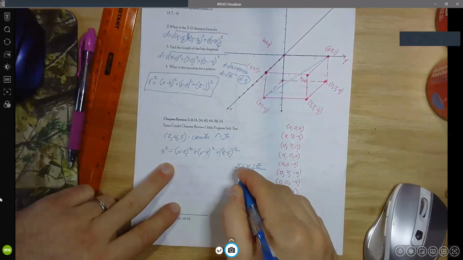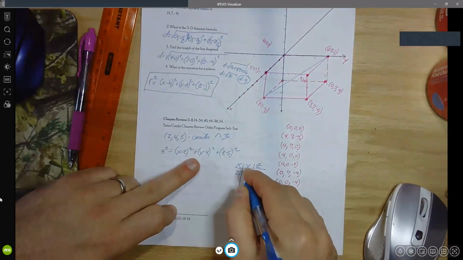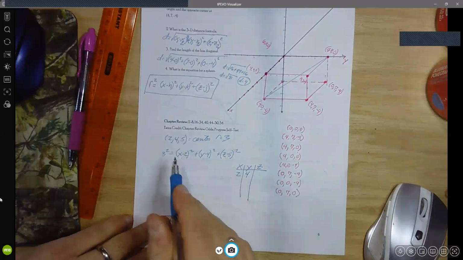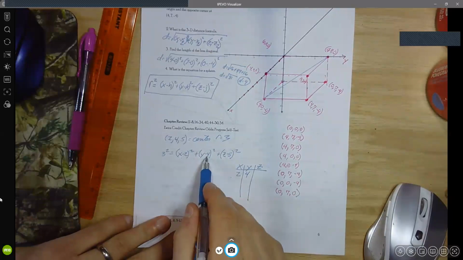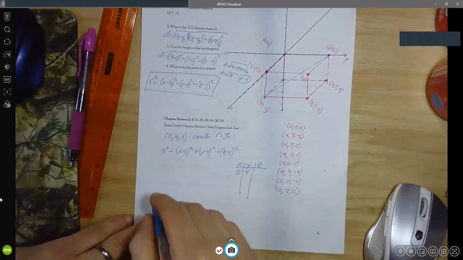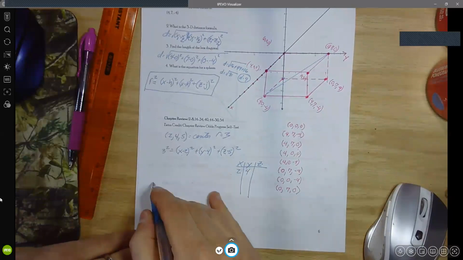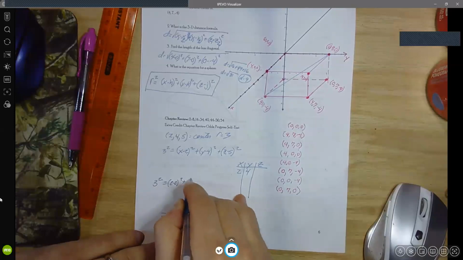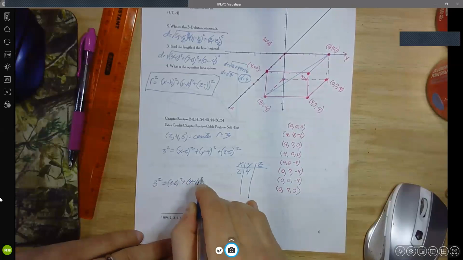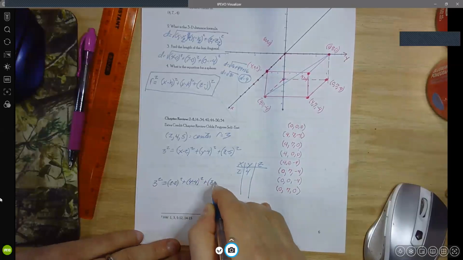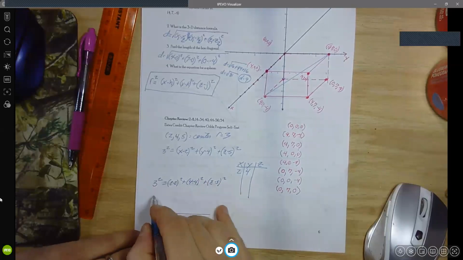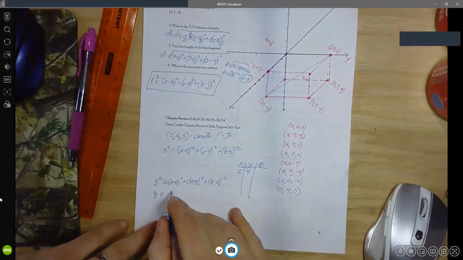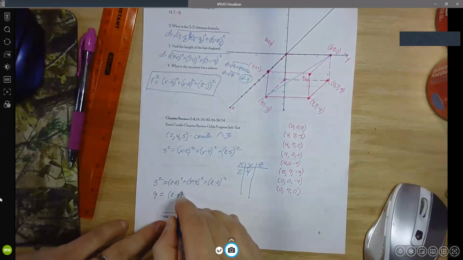If I pick x is 2 and y is 4, I'm doing that because 2 minus 2 is 0 and 0 squared is 0. And 4 minus 4 is 0, 0 squared is 0. So if I were to do the problem now, 3 squared is 2 minus 2 squared plus 4 minus 4 squared plus z minus 5 squared. So that would simplify. 9 equals 0 plus 0 is 0. 9 equals z minus 5 squared.